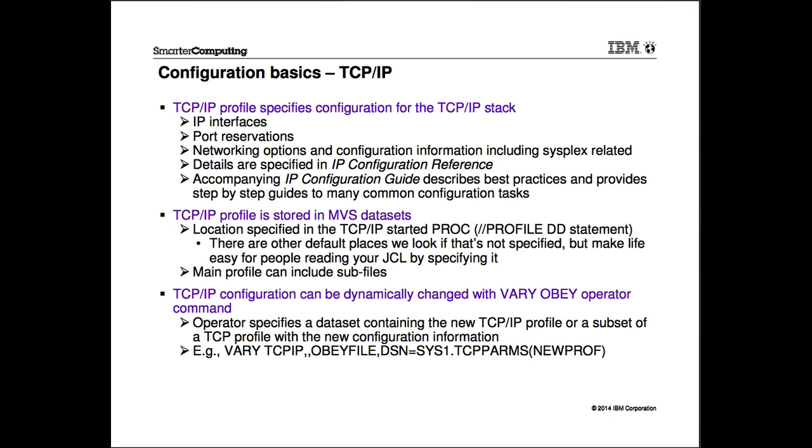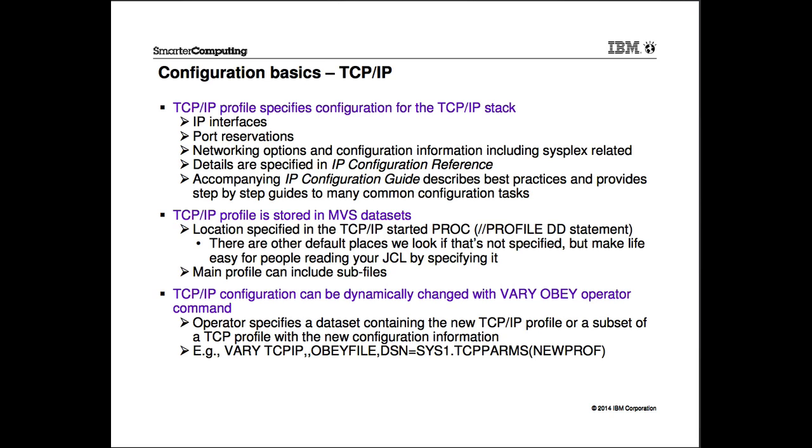Our TCP/IP configuration can be dynamically changed, and this is a term that took a while to figure out. The operator command that changes the TCP/IP configuration is VARY OBEY, right? I don't know why they came up with OBEY for that, making the stack obey me, I guess. But a file that contains changes is called an obey file.